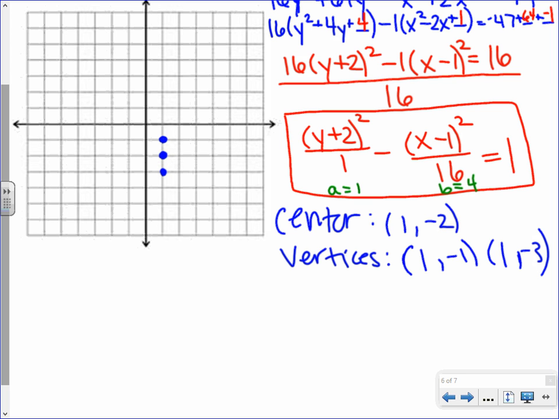Okay. Since our b is associated with x, the horizontal variable, we're going to move horizontally 4, and we're going to plot invisible little coordinates so we can create our invisible rectangle.